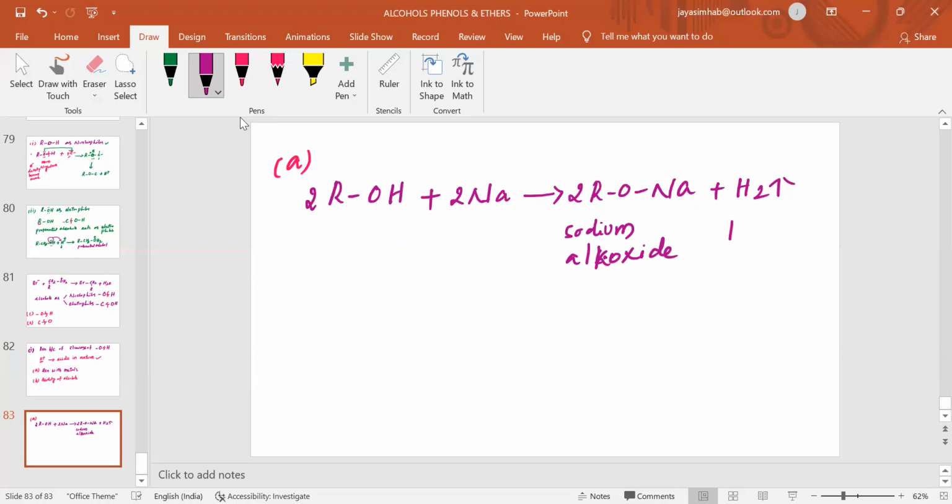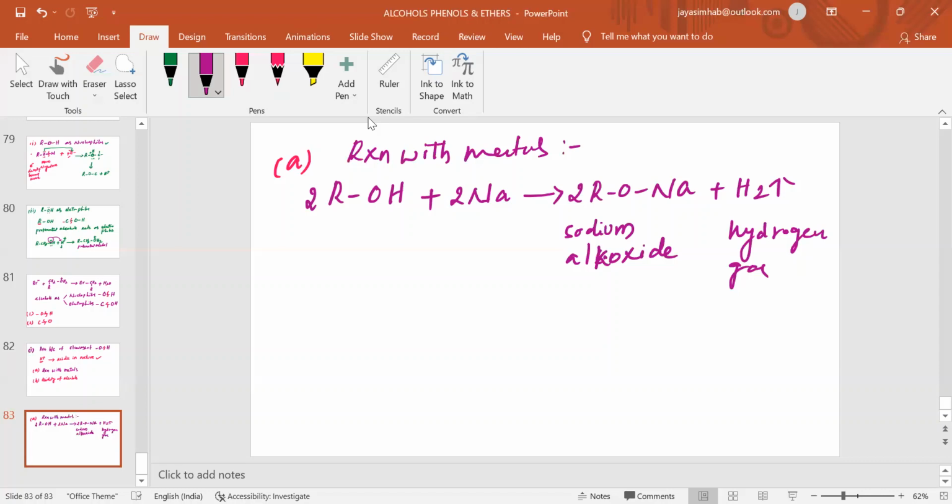So this is hydrogen gas. Whenever alcohols react with metals, metals always generate hydrogen gas.